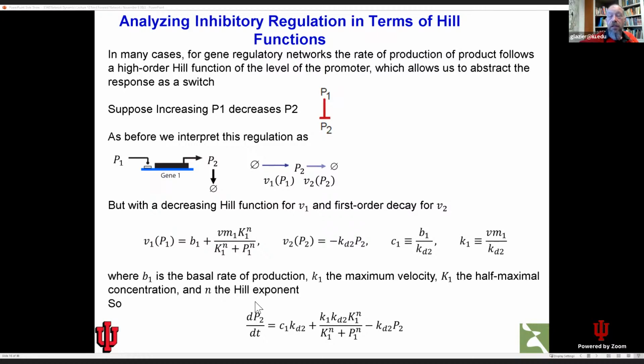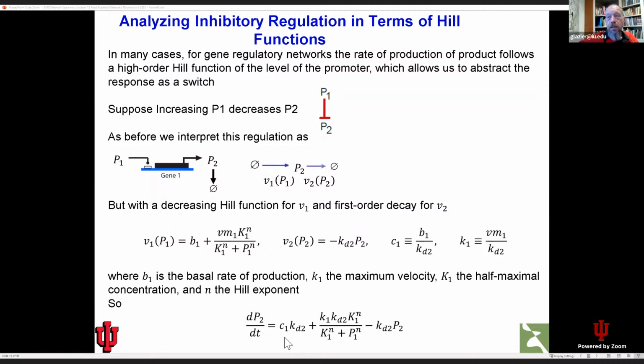So if we do this here by steps, we have a decreasing Hill function here. I've included basal transcription again. First order decay, step 1. Here I've done that rescaling, although you don't need to do that, so that it comes out nicely with the decay.